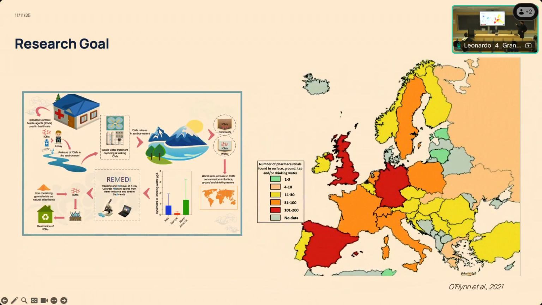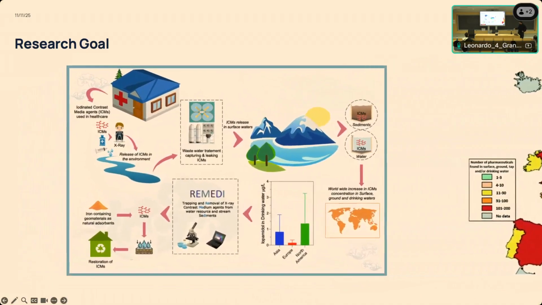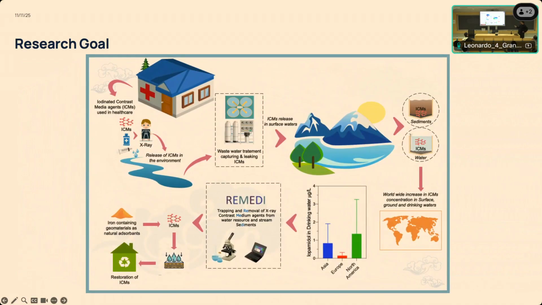Here is a picture of lots of other pharmaceuticals that have been detected in the surface and tap water in Europe. Why are they detected there? The problem is that when pharmaceuticals like the iodinated contrast media agents we study here are released into the environment, our conventional wastewater and drinking water treatment is not able to stop their release.